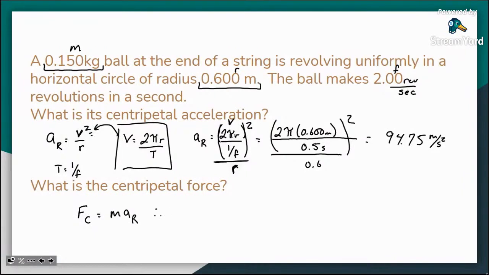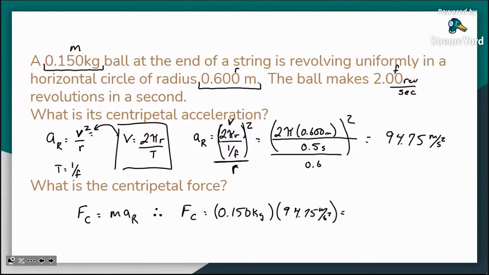Therefore, and if you haven't learned that symbol, it's an important little symbol, the 3 dots as a triangle means therefore, force centripetal is going to equal the mass of 0.150 kilograms times the centripetal acceleration of 94.75 meters per second squared.